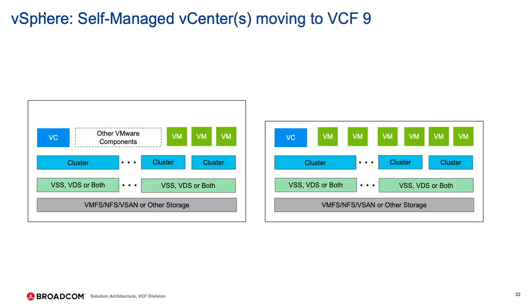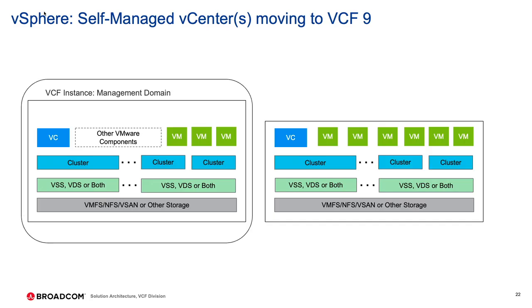So the first thing that happens in terms of actually moving to 9.0, you've got to make sure that you provision the extra set of resources that are required for VCF 9, but then you go ahead and create your management domain. So you pick a vCenter in your management cluster, and you go ahead and create your management domain. When you create your very first management domain in VCF 9, there's a few unique things that happen.